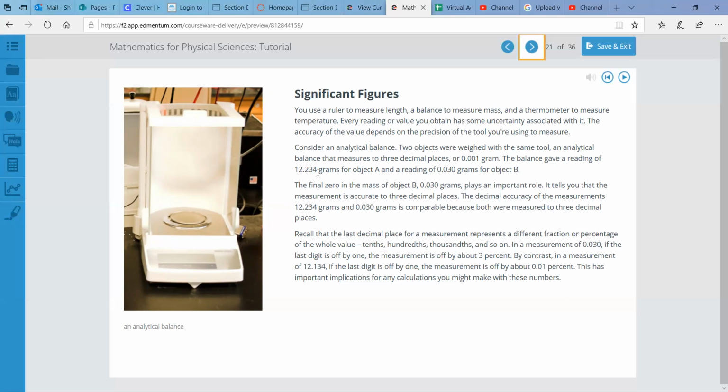So 12.234 grams for object A and 0.030 grams for object B. That final zero tells you something important, that the tool itself can measure up to the third decimal place. Okay? So if it was just 0.03, that means that the tool cannot measure up to the third decimal place.